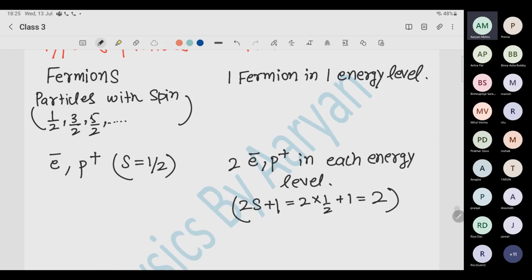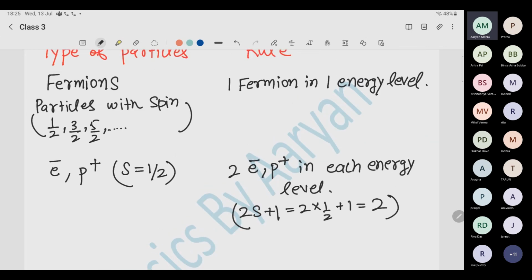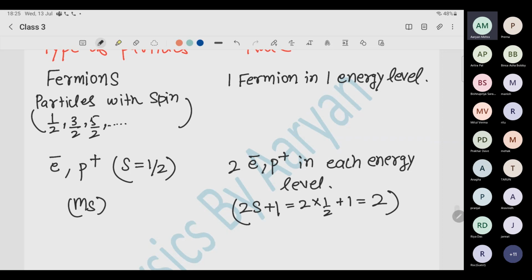So an electron or proton is a fermion, but then why are we not putting only 1 electron in 1 energy level? The reason being, Pauli said no two fermions should have the same quantum state. The moment we are talking only about fermions, we are not considering one quantum number, that is called the ms quantum number, which you should not worry about right now.